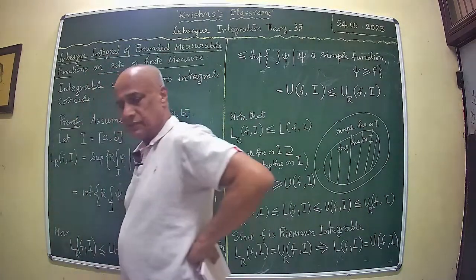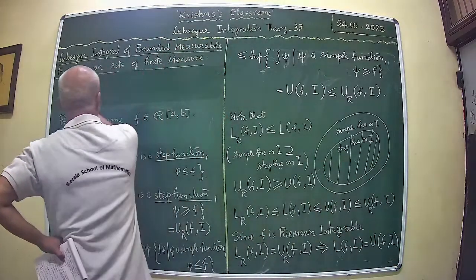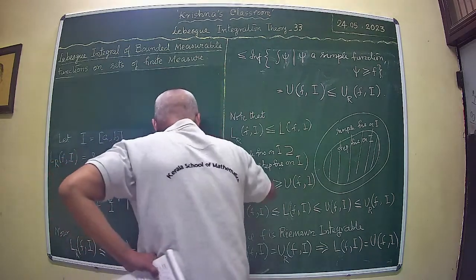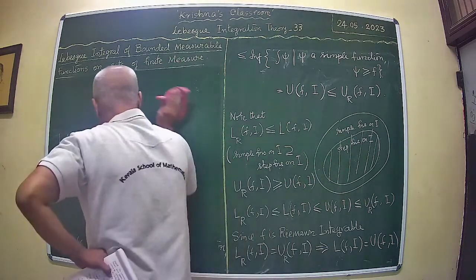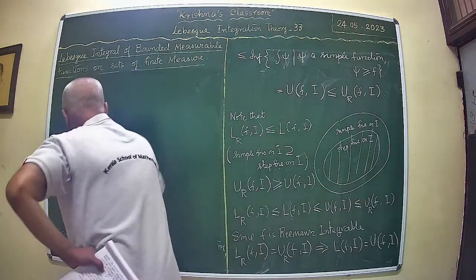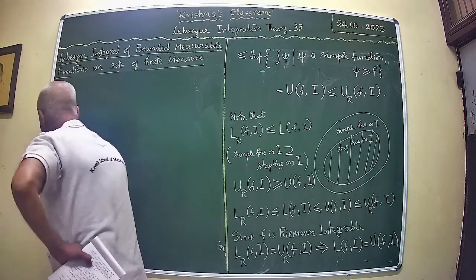That is, f is integrable. And the two integrals coincide. So we are on the right track. So all Riemann integrable functions on bounded intervals are Lebesgue integrable.